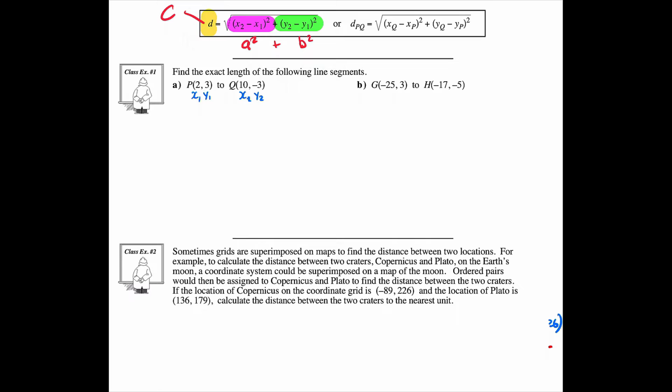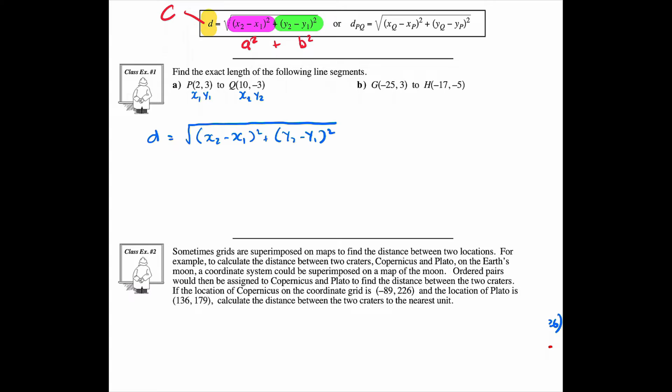Okay, so now all we need to do is take that modified form of the Pythagorean's theorem and substitute the values into the correct spot and basically punch that into the calculator as you see it. So the distance of this diagonal line is going to equal the square root of x2 minus x1 squared plus y2 minus y1 squared.